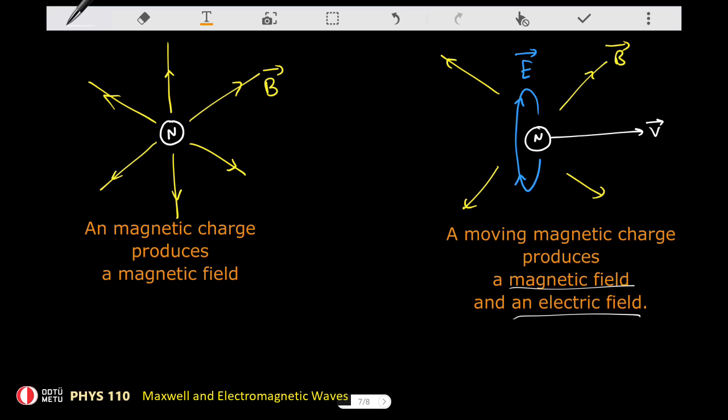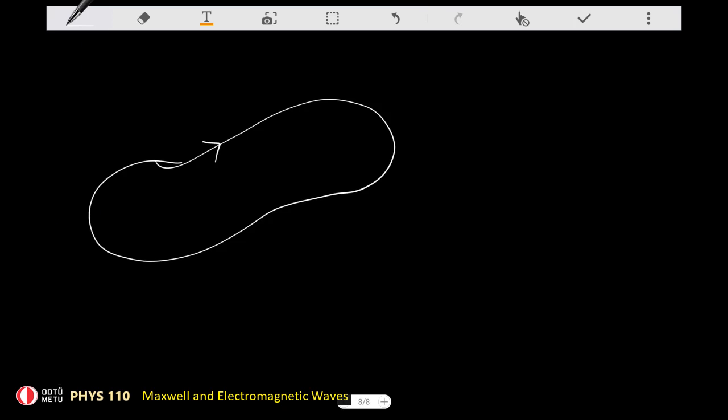So as a result, if someday we discover these magnetic charge particles, magnetic monopoles, perhaps we can construct magnetic circuits. In that case, there will be some magnetic charge currents flowing in that circuit.